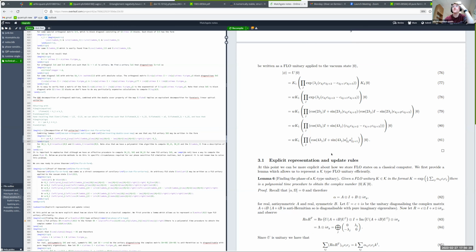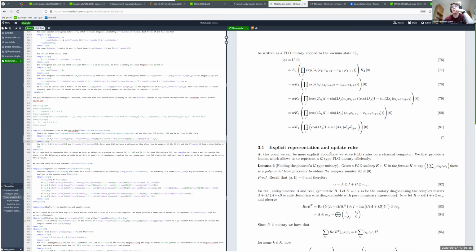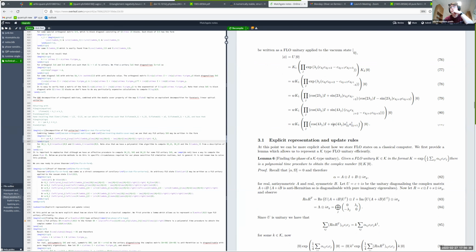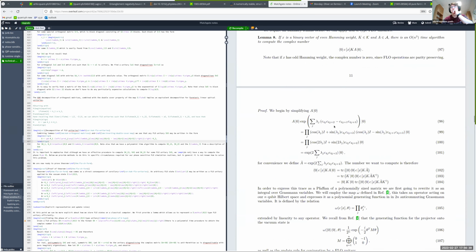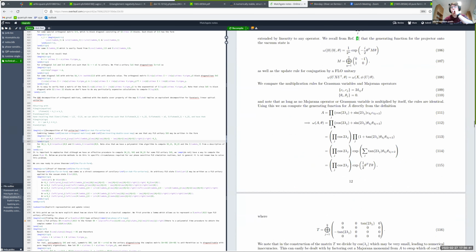But essentially, what you have to do is some deprojectivization trick. You have to work out how to keep track of phases in a sensible way. I don't have time to go through this in detail, so I will just show it to you.